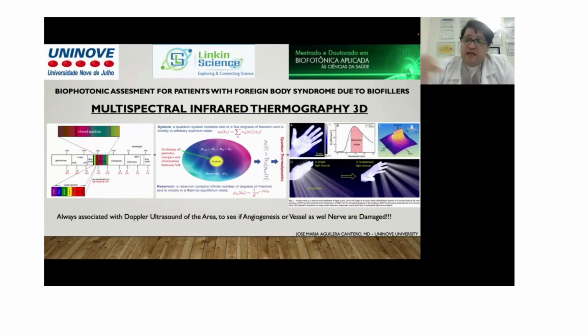We can even see carcinomas very early, with the cell dysfunction, through this emission.